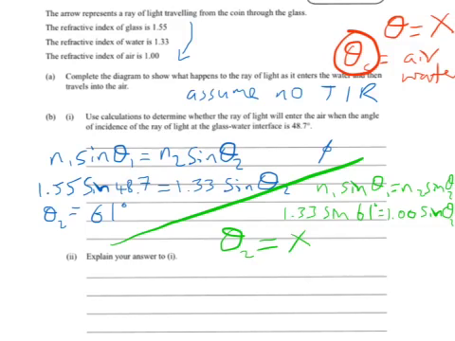And that tells you that theta 1 must be greater than the critical angle, so you don't get any refracted rays. And in the second part, explaining our answer, we have total internal reflection occurring instead.